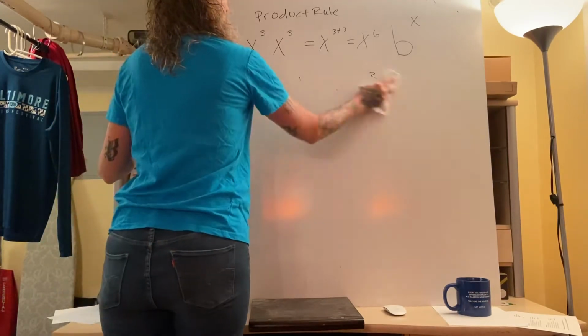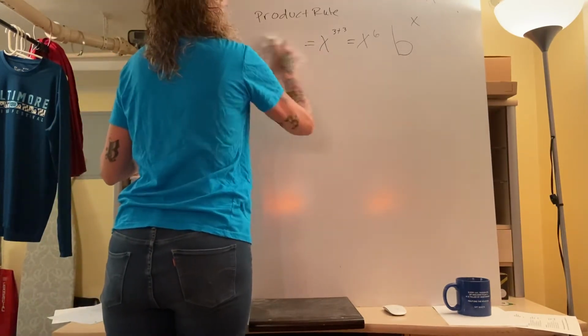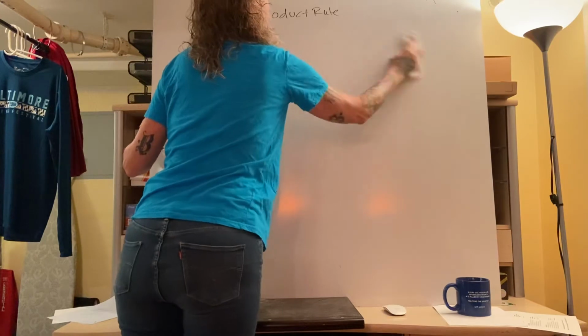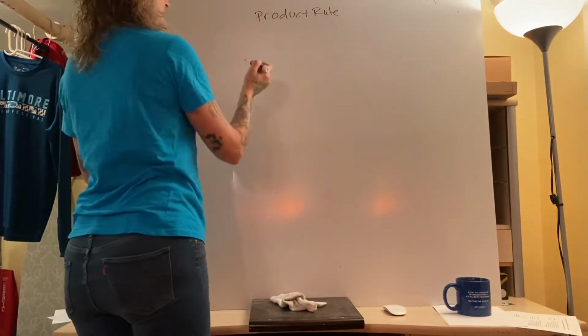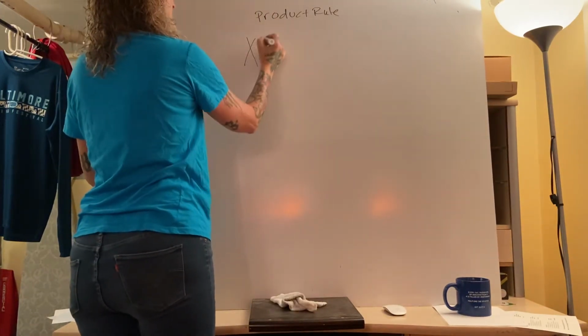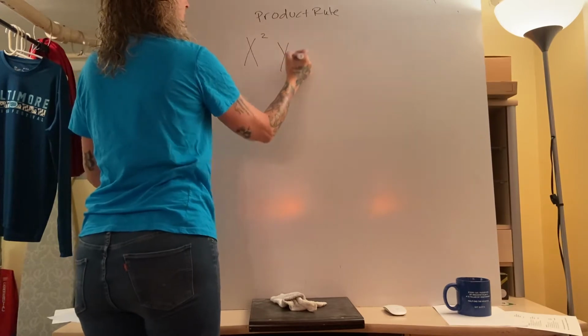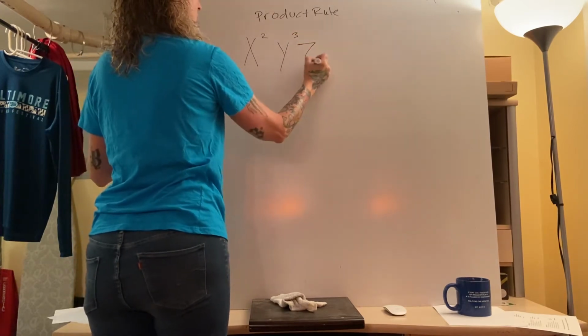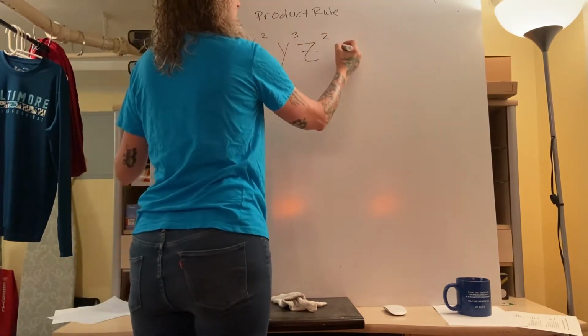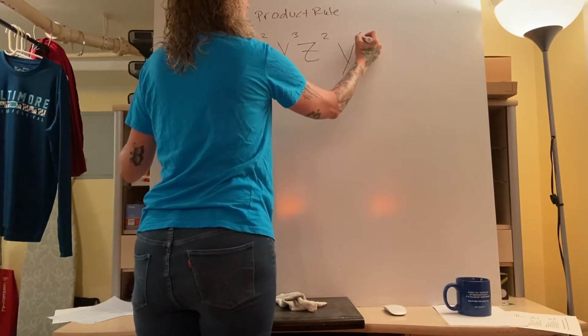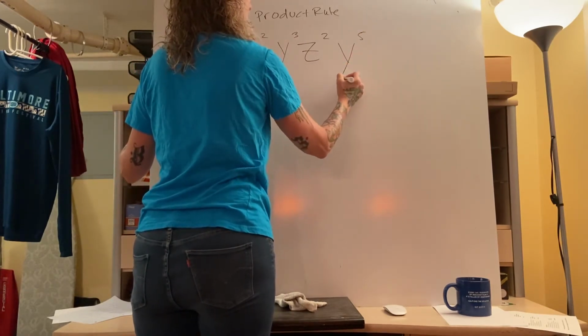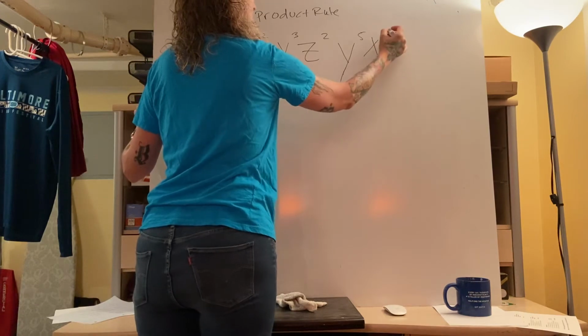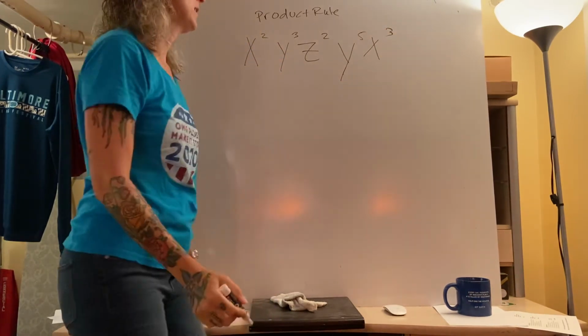So let's try a more complicated problem. So let's say you have x squared, y to the third, z squared, y to the fifth, x cubed, okay?